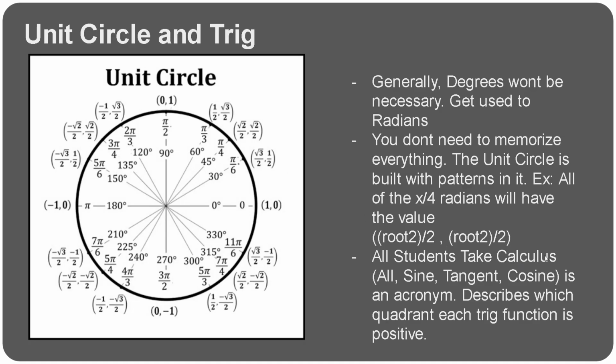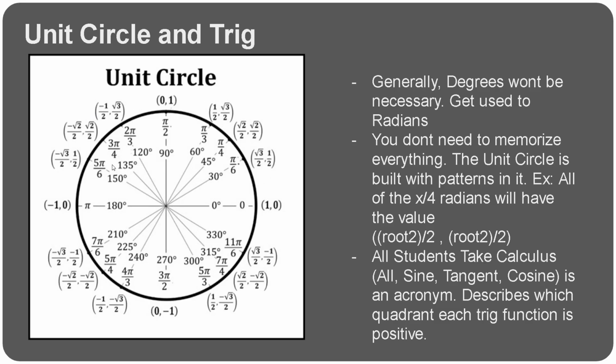And then finally, the final thing that I think is important to remember about the unit circle is the acronym All Students Take Calculus, ASTC. It describes in which quadrant each trig function is positive. So all trig functions are positive in the first quadrant.